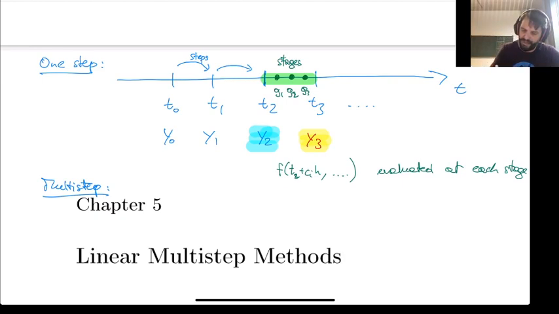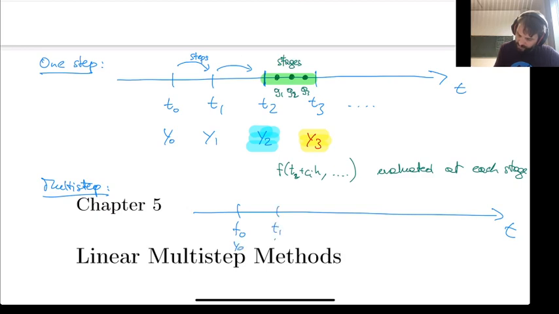Multi-step methods say, hang on, we've already spent all this effort of computing Y0 at T0, Y1 at T1, Y2 at T2. So if we want to compute now Y3 at T3, why bother doing extra point evaluations?